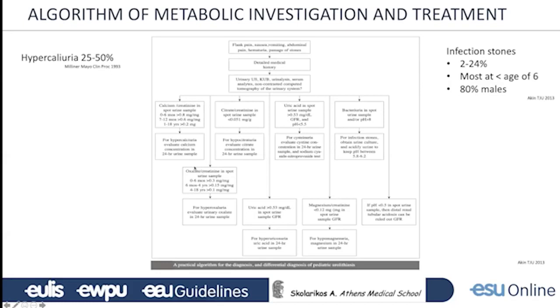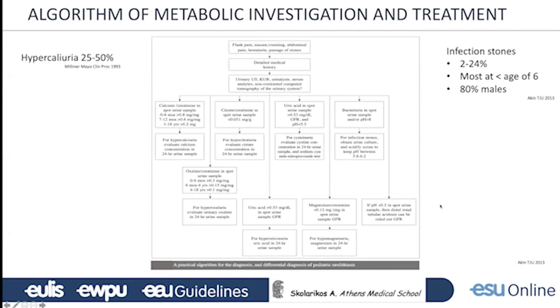If we see that the oxalate to creatinine ratio in the spot urine sample is more than 0.3, 0.15, 0.1, depending again on the age of the child, then we perform a 24-hour urine examination. Similarly, if the citrate to creatinine ratio in the spot urine sample is less than 0.05, then we collect urine to detect hypocitraturia. The same goes for cystinuria, the same goes for magnesium, and the same goes for every stone type and the result that we have in the 24-hour urine.